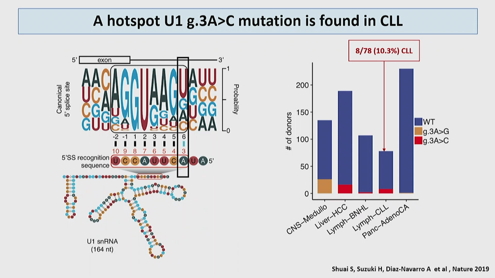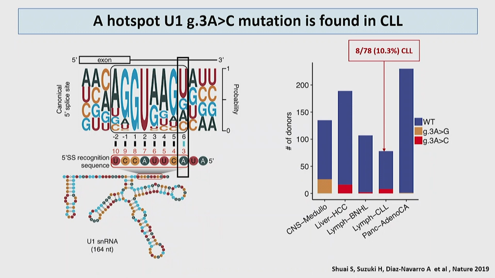Our collaboration started because they analyzed the pan-cancer data set and found these mutations in very few tumors. And particularly, one of the tumors that had more mutations was a CLL. And those were our cases that we have deposited in the pan-cancer repository.